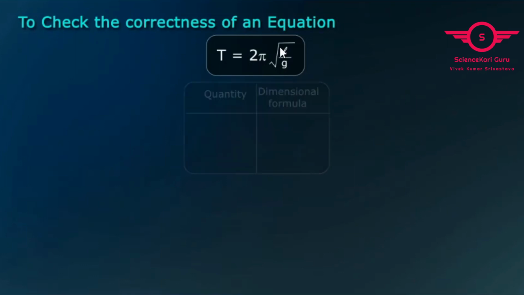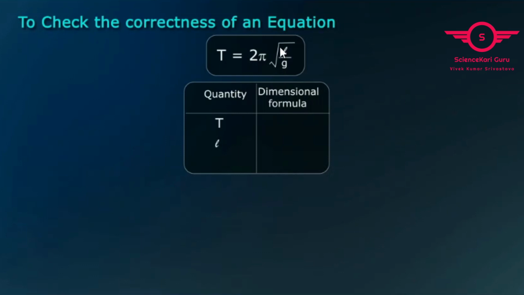We know dimensional formula of T, L and g are T, L, LT power minus 2 respectively.